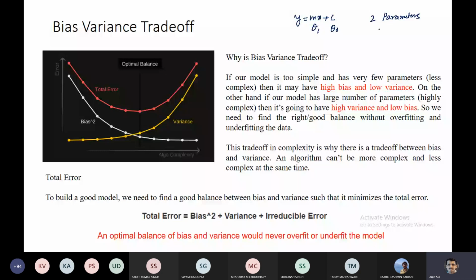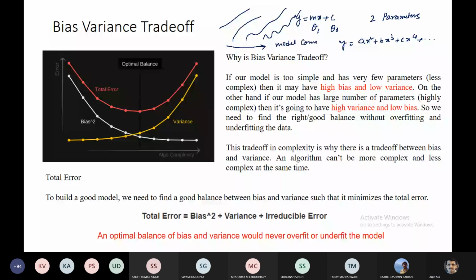But if you say y is equal to ax square plus bx cube plus cx to the 4 and so on, it's a polynomial expression. It's very complex. The degree of curvature is increased, so model complexity becomes higher and higher.